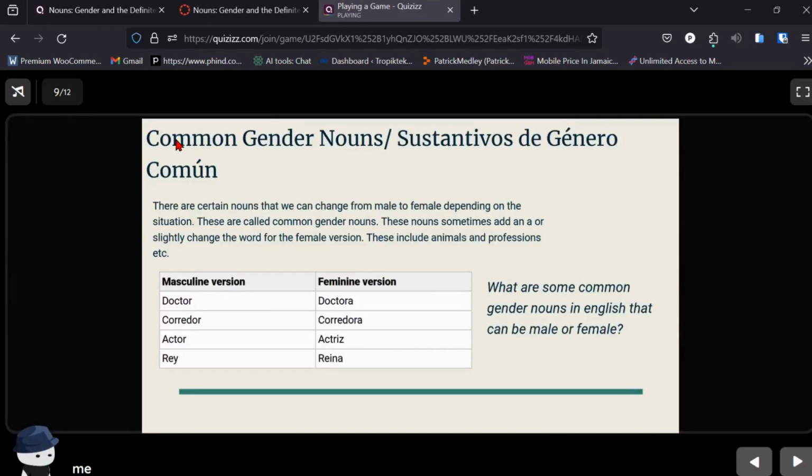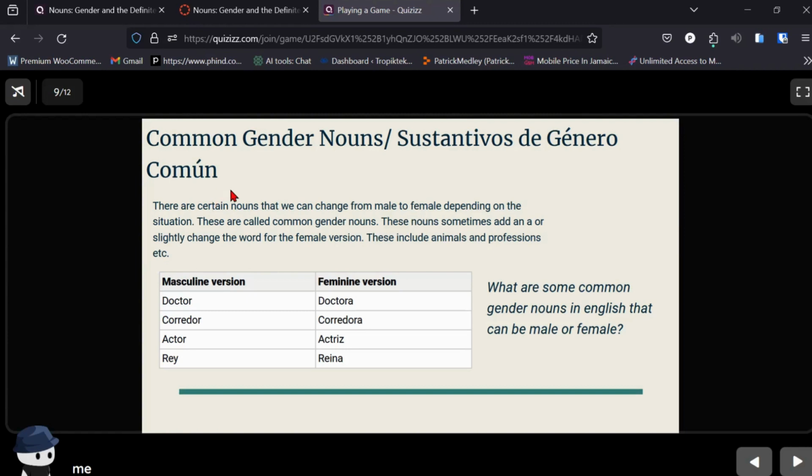All right, continuing on, here we have common gender nouns. This is very normal, especially in English too, but we'll discuss what it is in Spanish. Sustantivos de género común. And so it says these are certain nouns that we can change from male to female depending on the situation. These are called common gender nouns. These nouns sometimes add an A or slightly change the word for the female version. These include animals and professions, etc. Right?